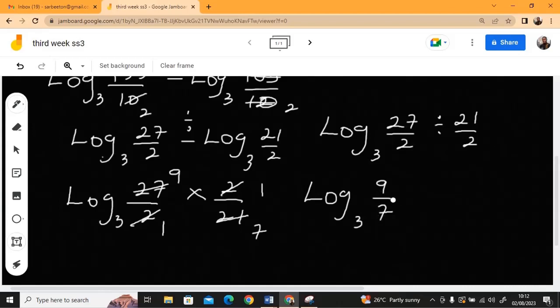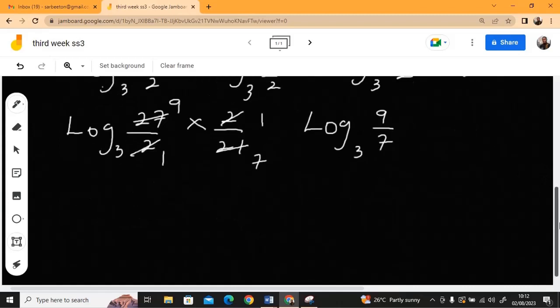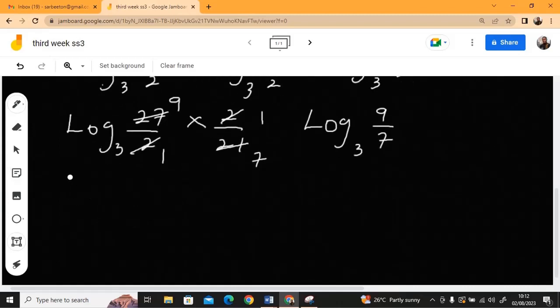Now you can change it back to the previous work. Those things are interwoven. So it can be log 3 of 9, equals, minus log 3 of 7.